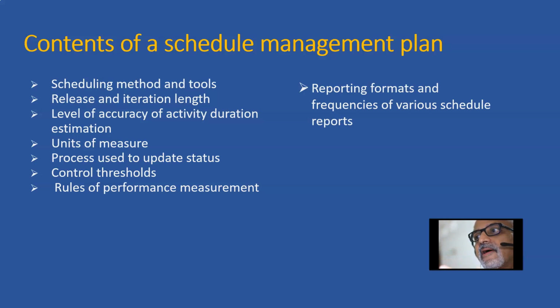50-50 means I can consider a task as 50% completed the moment we start. The remaining 50% will happen only when the task is fully completed. And maybe 20-80, 20% credit I can take the moment the task has started, and the remaining 80% will happen only when the task is fully completed.